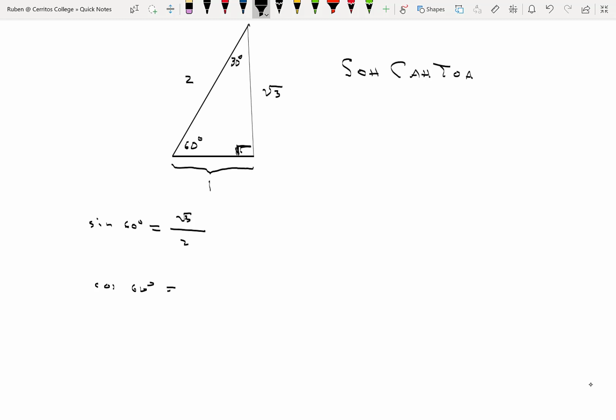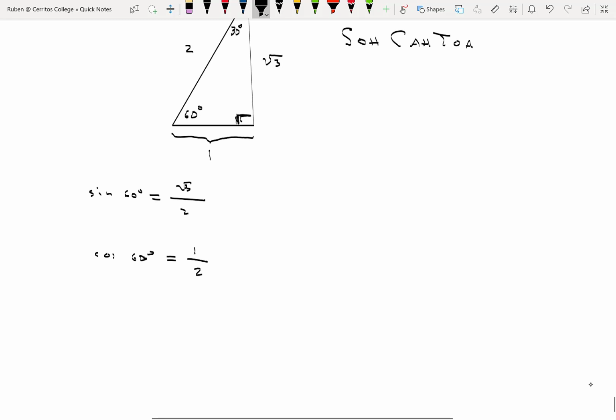Cosine of 60 is adjacent over hypotenuse. The tangent is opposite over adjacent. So the tangent of 60 is radical 3 over 1, or radical 3.